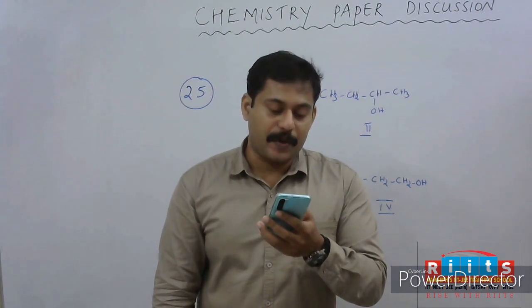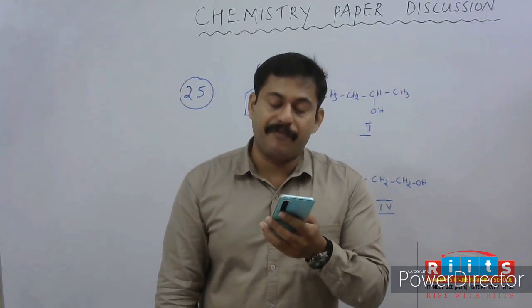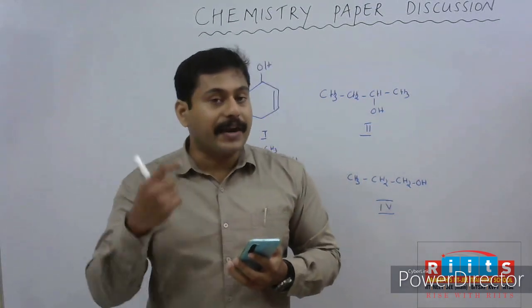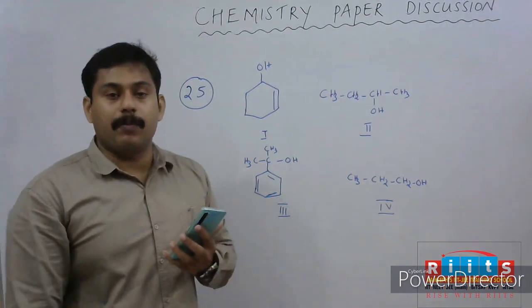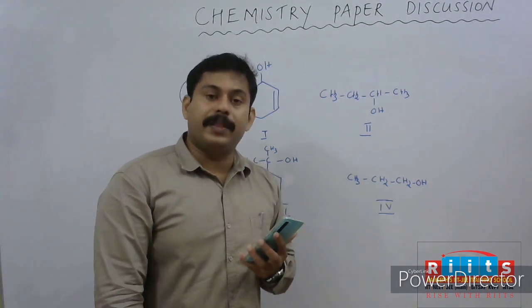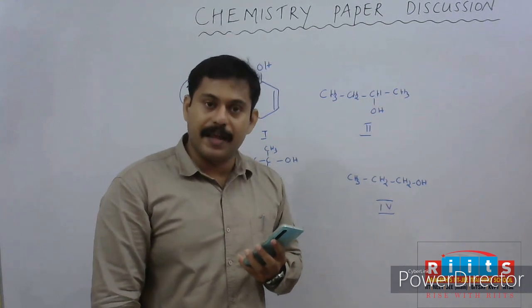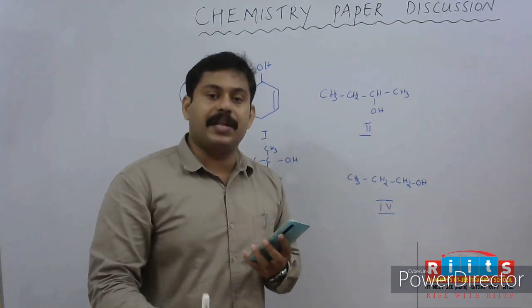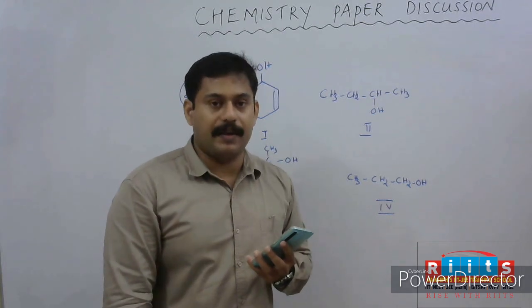Okay, let's discuss question number 25, right? The decreasing order of ease of dehydration of the following alcohols. So for dehydration, we have to go for the stability of the carbocation, right? We know the stability of carbocations; the complete order we also have to study. Mainly the resonating effect will be there. After that, the plus I effect is also a key factor, right?